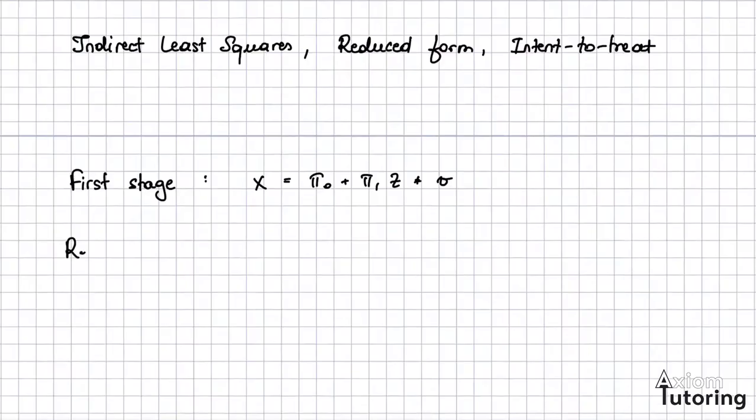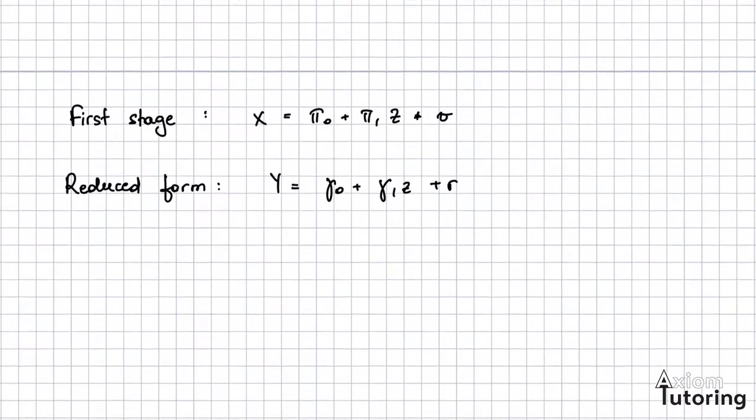Then the next one is the reduced form, where you're running a regression of y directly on z. And then ultimately there is the structural equation, which is what you need. The structural equation is simply y equals beta 0 plus beta 1 x plus u.